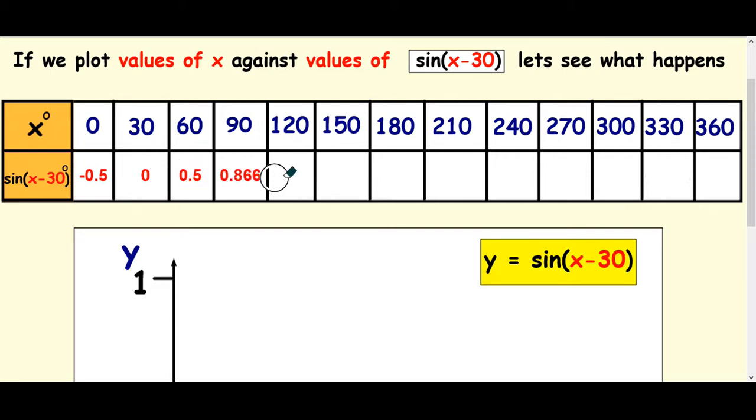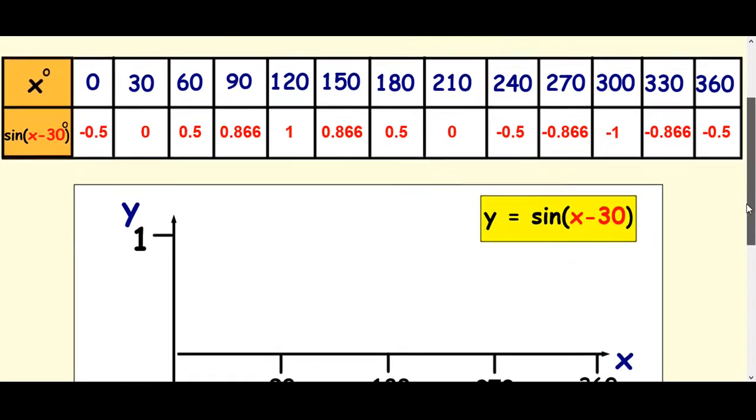Okay, and if you've filled all those numbers in, it should look like this. So numbers we've seen before, except everything's shifted again.